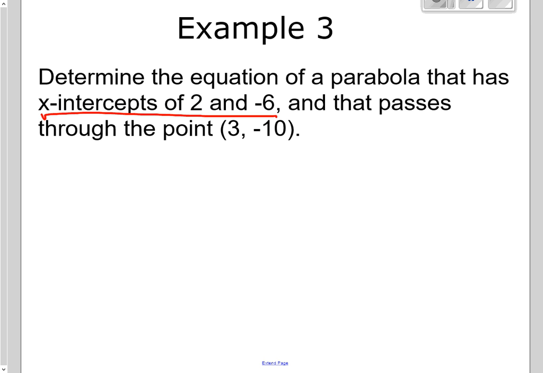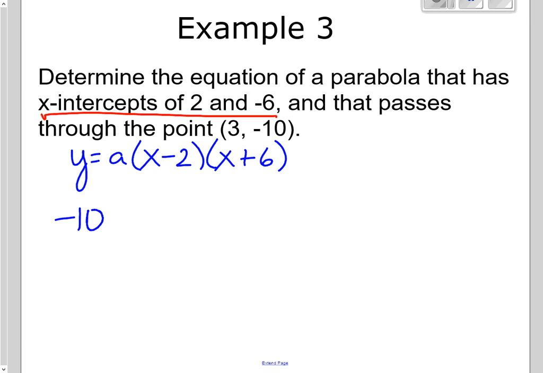Okay, so hopefully you're back and realize that if I put that positive 2 back in, it becomes negative 2. If I put the negative 6 back in, it becomes positive 6. And now we know it's going to pass through the point 3, comma, negative 10.